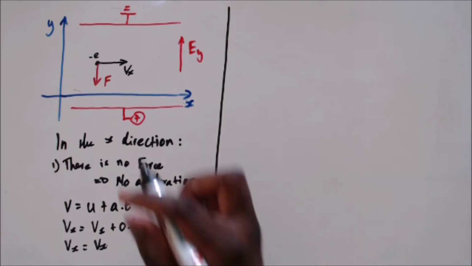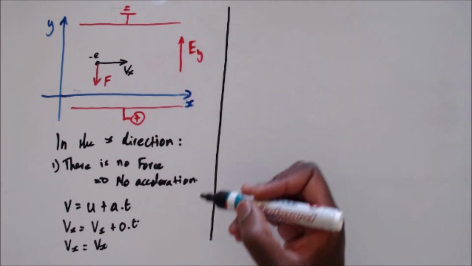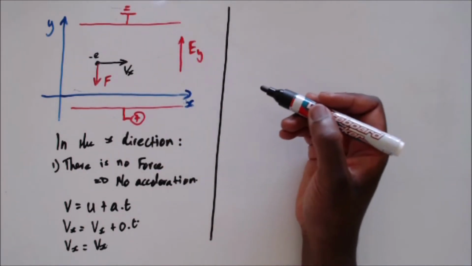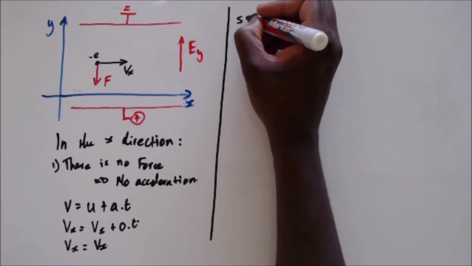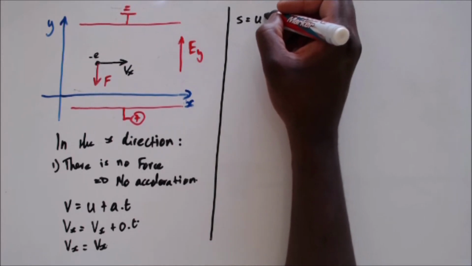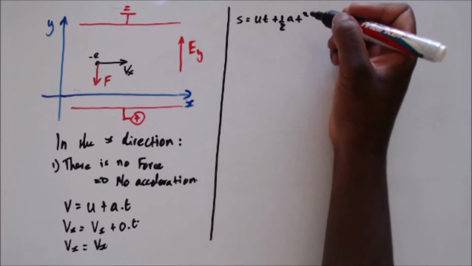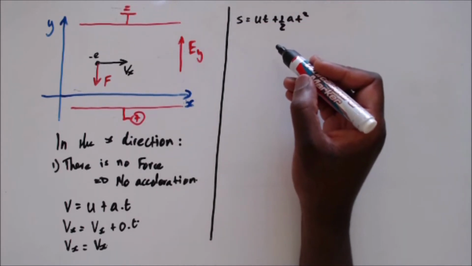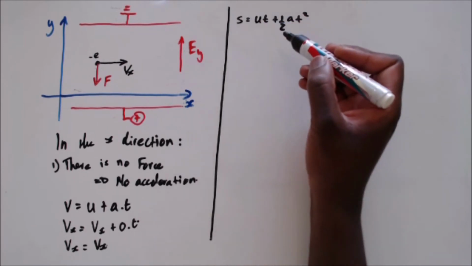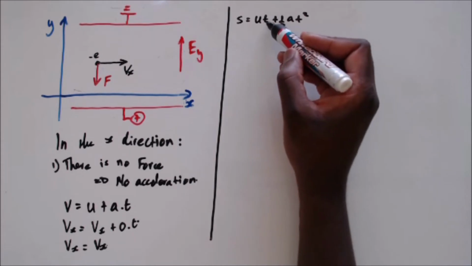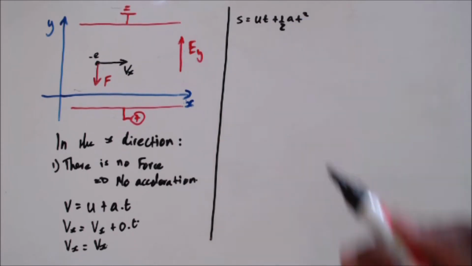If we would like to know where this electron is going to be at some point later on in the x direction, then we can apply the equation S is equal to ut plus 1/2 at squared. That's the general equation which gives the displacement of a body at a certain time t if the acceleration of the body is a.